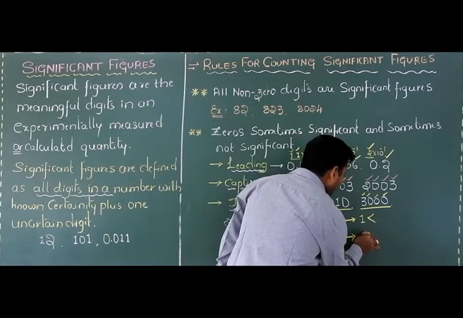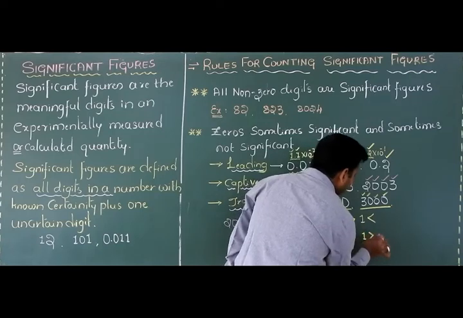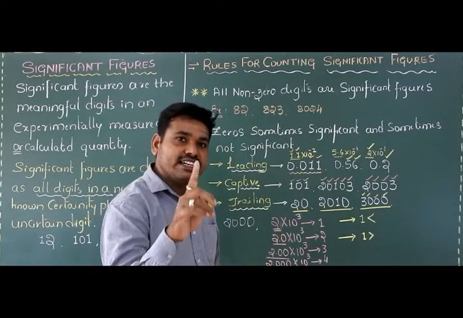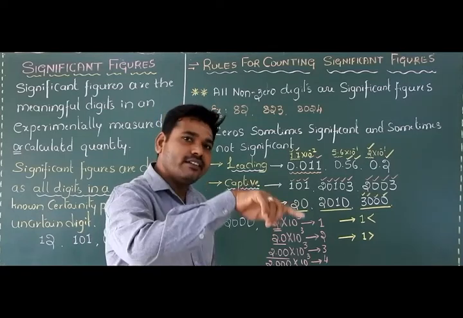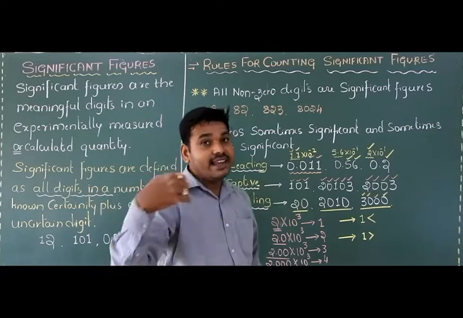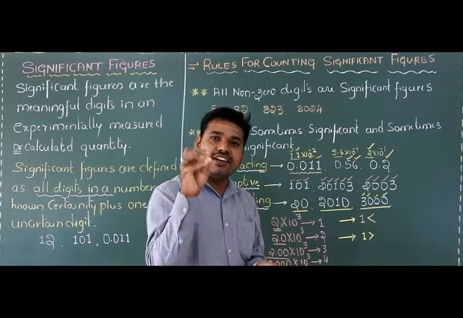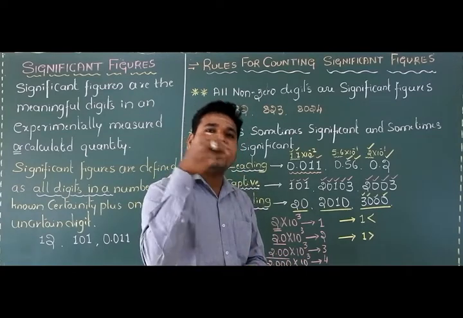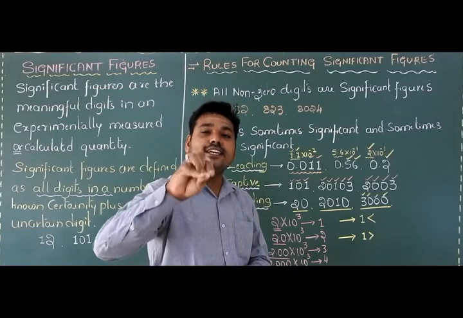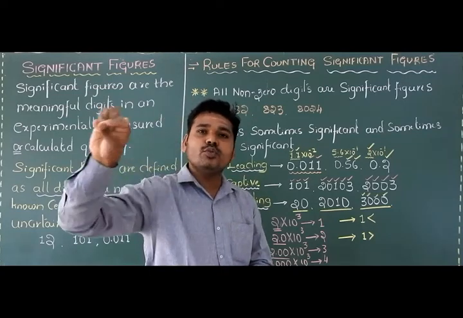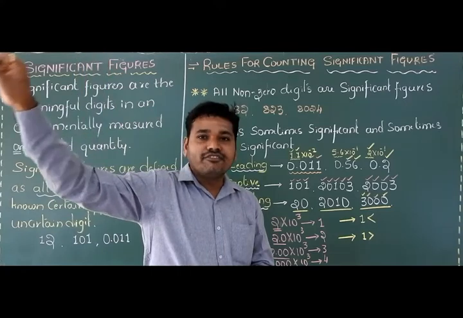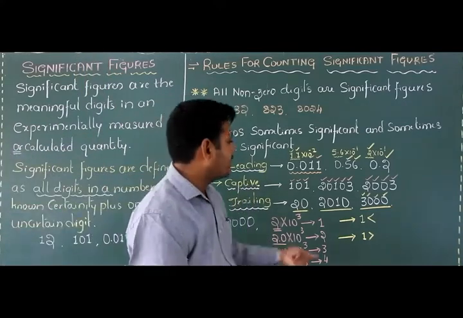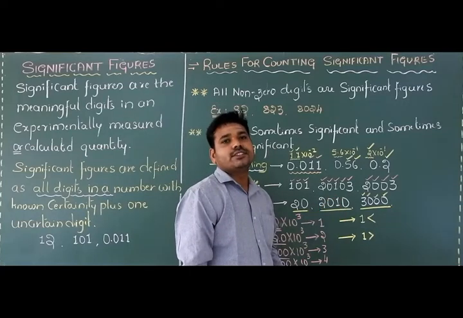And the second important condition is if the given number is less than 1. Look, the first condition is greater than 1, the second condition is less than 1. That means if the given number is greater than 1, in such a case the zeros which are present to the right of the decimal point, all those zeros are counted as significant figures.